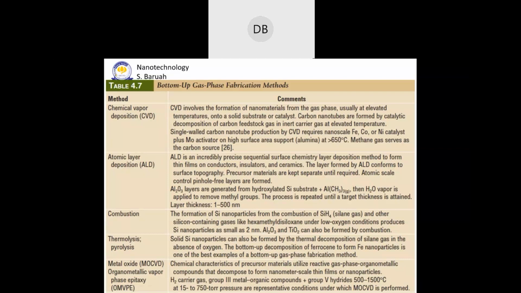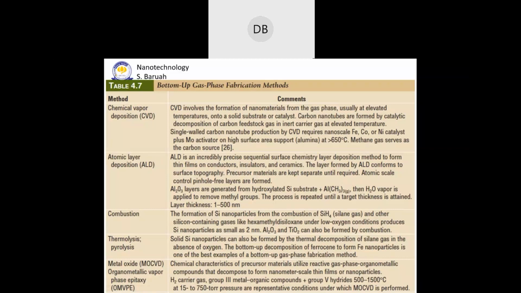So it's a nano thin film. And I told you, if you remember, we had 0-dimensional, 1-dimensional, 2-dimensional, and 3-dimensional nanomaterials. A thin film is basically a 2-dimensional nanomaterial because you can spread out in the x and y direction, but in the z direction it does not spread out. It is confined. The layer formed by atomic layer deposition conforms to surface topography. That means it follows the surface roughness.